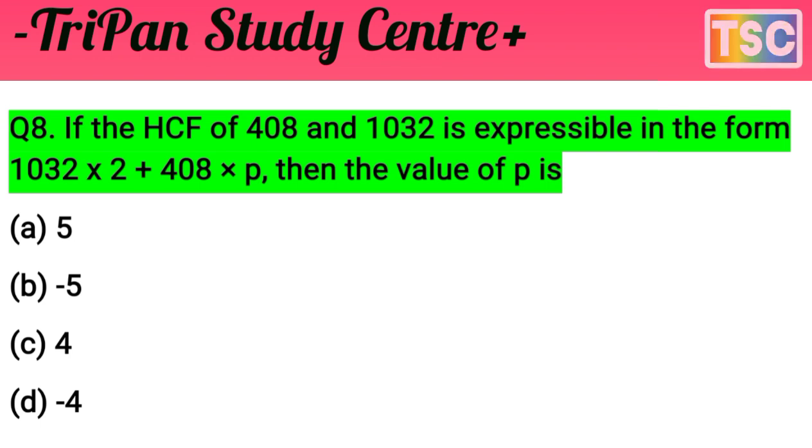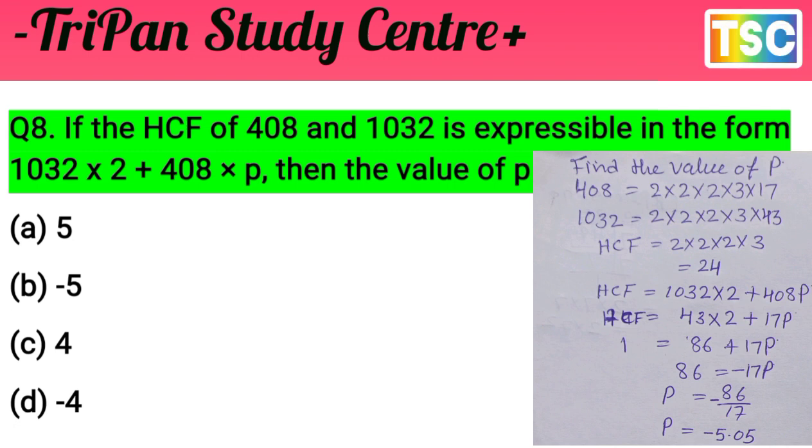That's important. You should have a thought of your answer. Let us see what the answer is for this question. Take a notebook first of all and note this question. First of all, factorize 408.